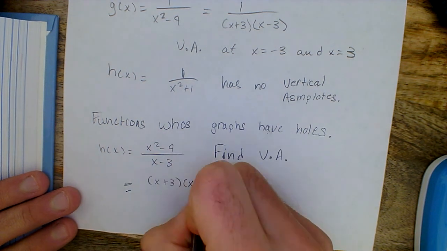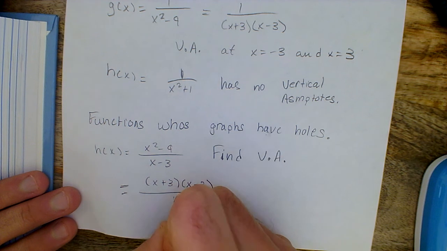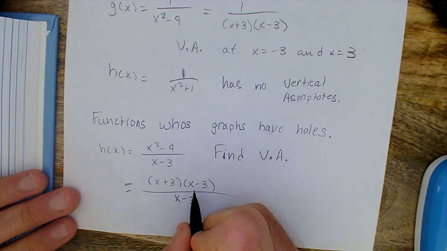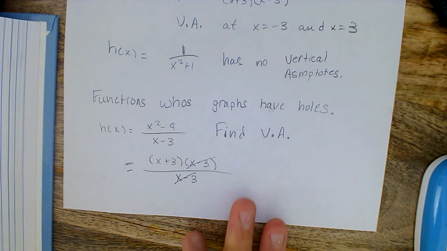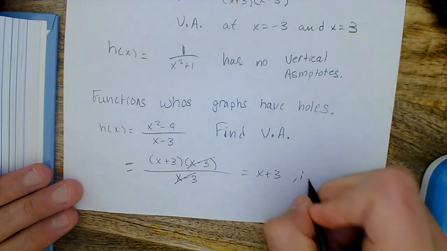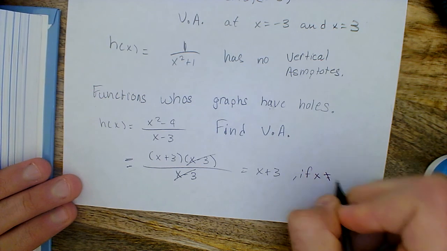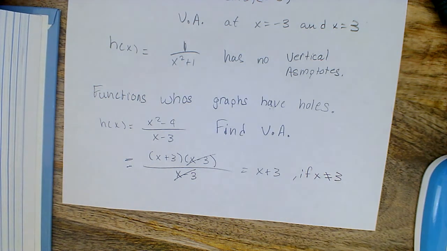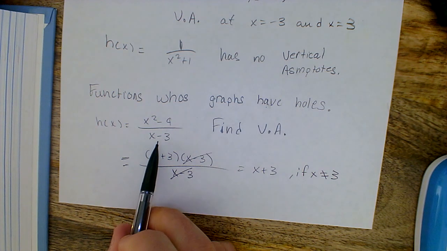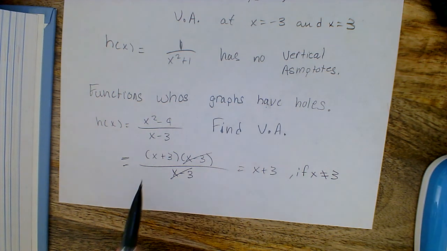This turns into x plus 3, x minus 3 divided by x minus 3. So we see that we have a common factor here. We can cancel this out. So this is equal to x plus 3 if x is not equal to 3. Right? Because if I go back to the original equation, if I plug in a positive 3 here, I'd get a division by 0. And you can't have that.